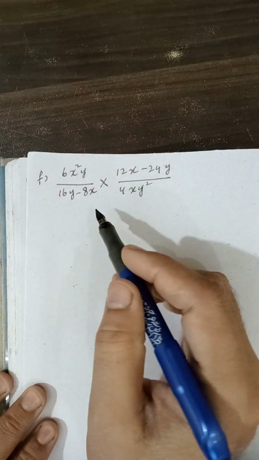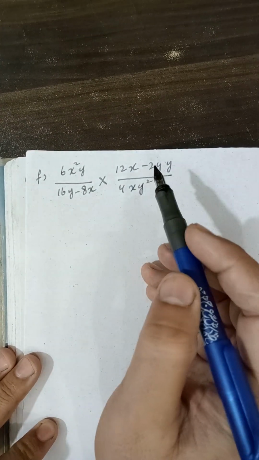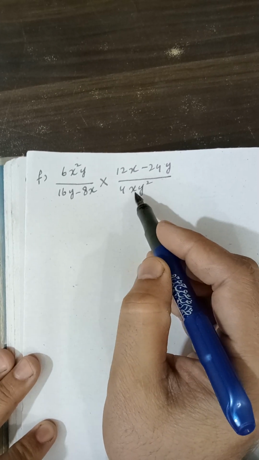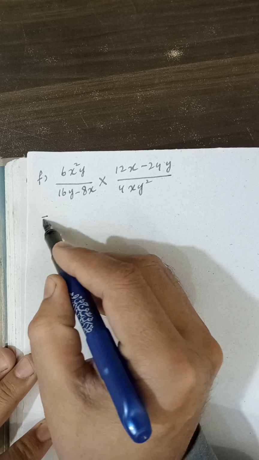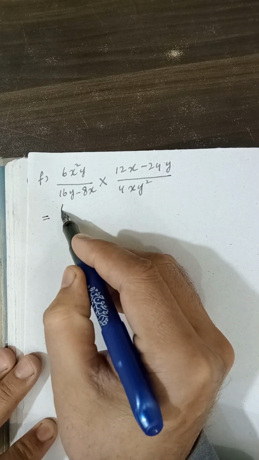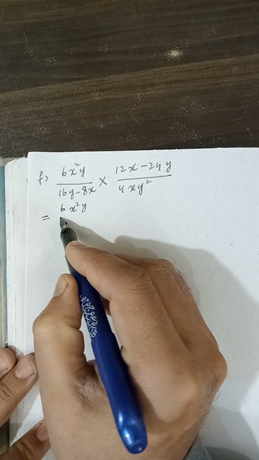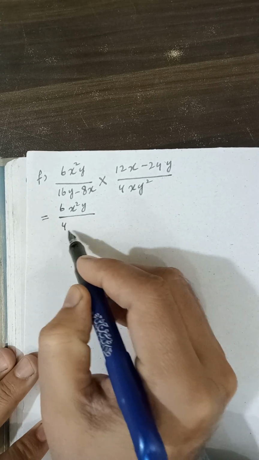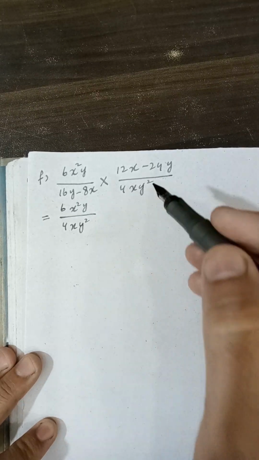Dear students, see part F. Here is 6x square y and it matches to this term 4xy square. Write these together. 6x square y over 4xy square.